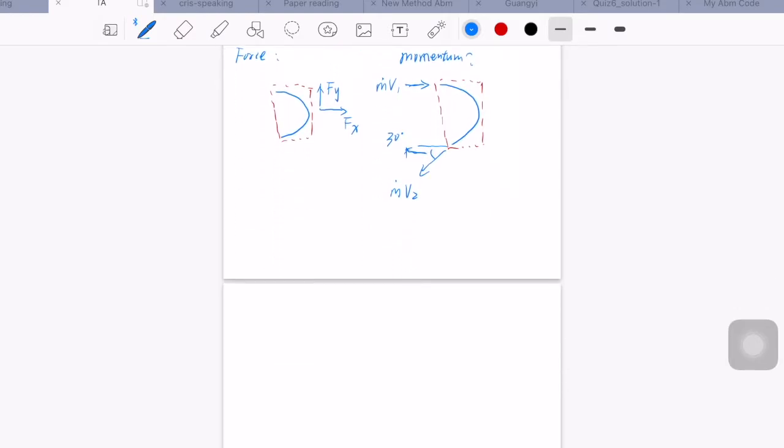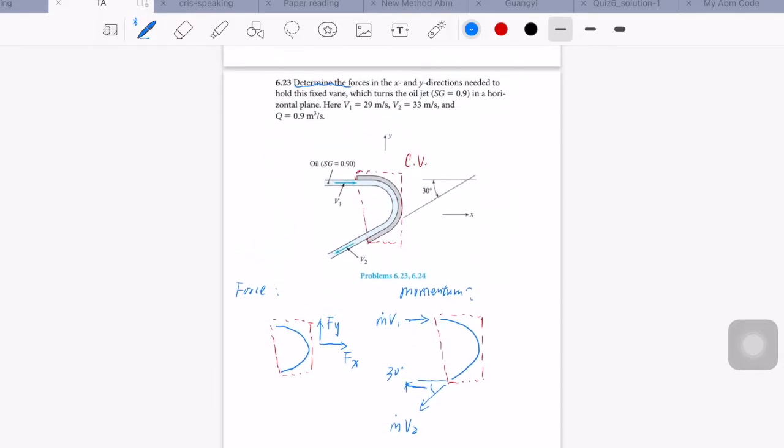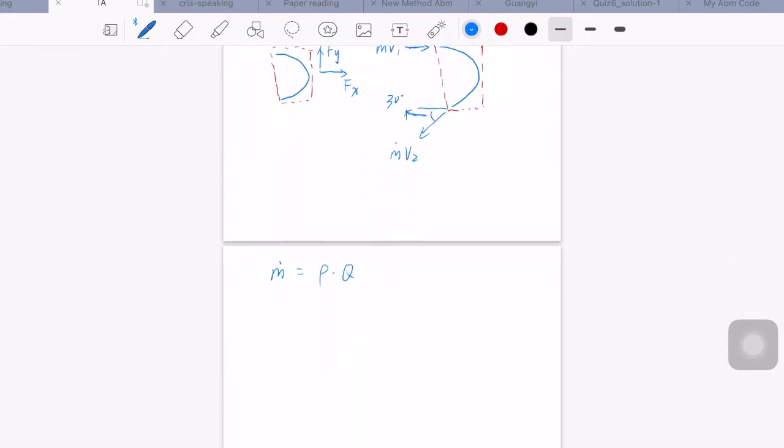And we know that the mass flow rate m dot should be equal to rho times Q. From the problem, we know the SG of oil equals 0.9. We also know SG oil is equal to rho oil divided by rho water at 4 degrees Celsius.